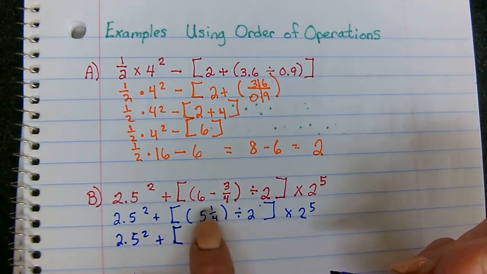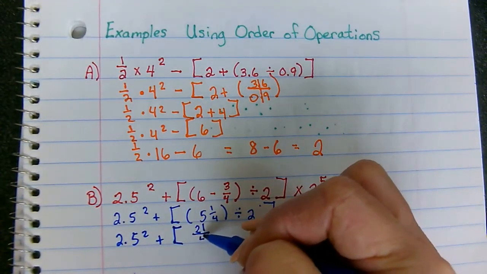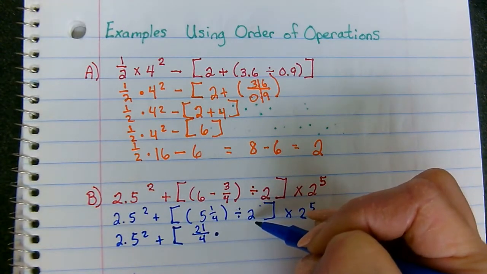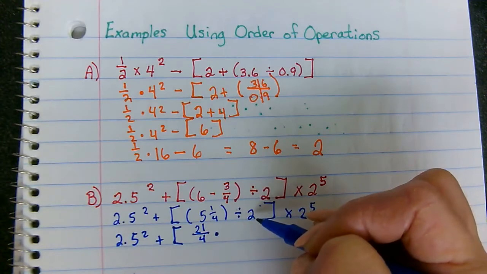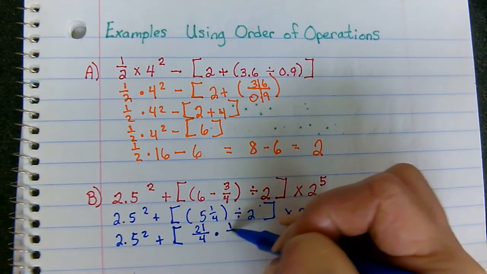I don't need this one now, but 5 times 4 is 20, plus 1 is 21/4. Keep change flip, times 2 over 1, or see, divide 2 is the same as times 1 over 2. We keep change flip, times 1 over 2.